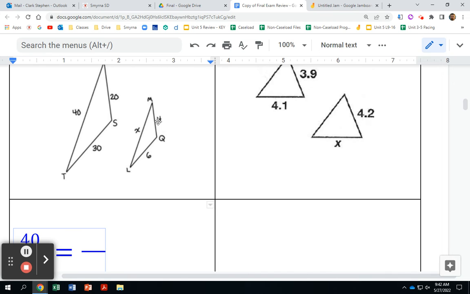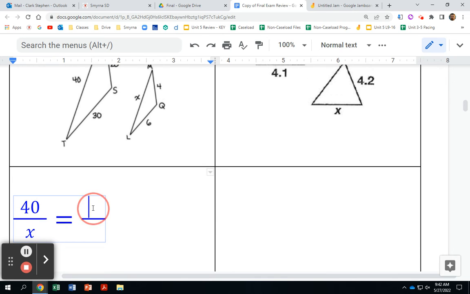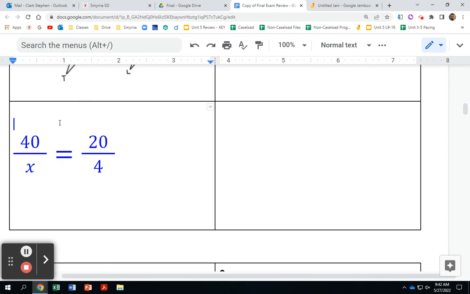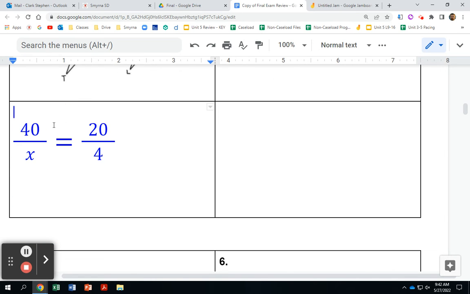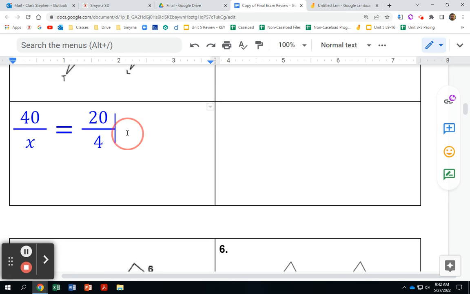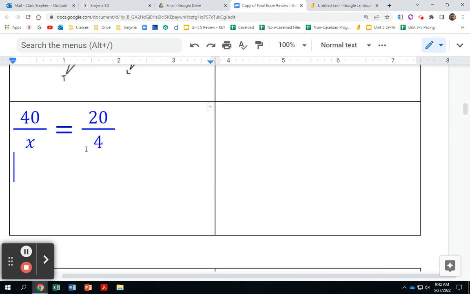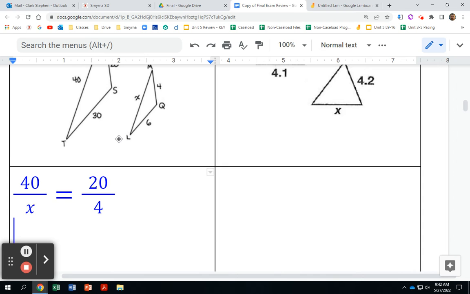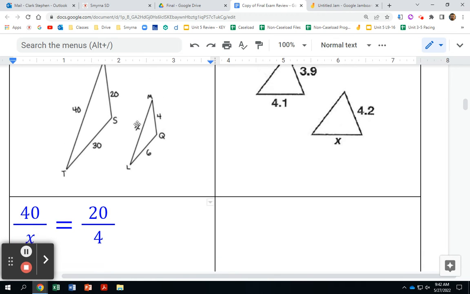See how the 20 and the 4 are in corresponding positions? 20 over 4. Okay. And then we're going to do the same thing we did last time. Cross multiply. Let me just make sure I set up right. 40 over x, 20 over 4. That's good.